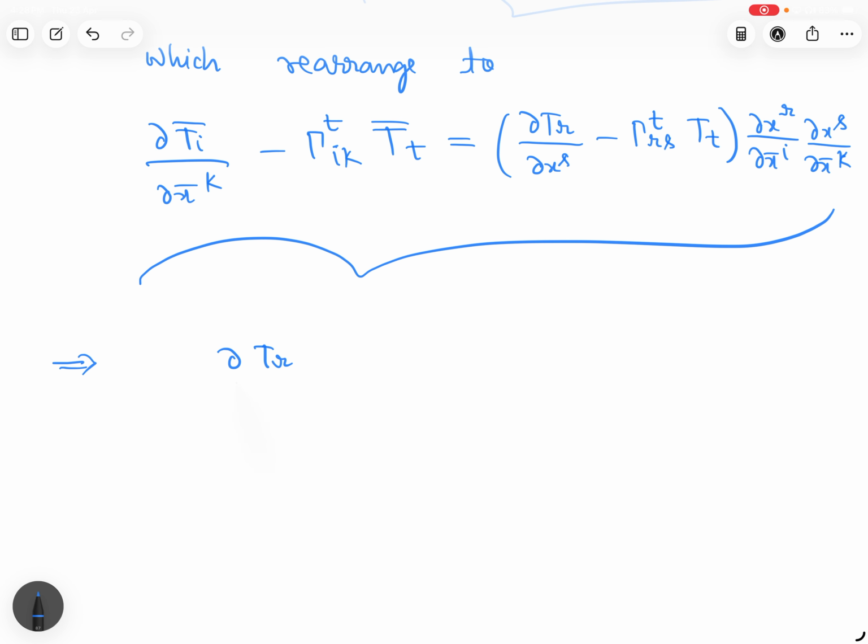After calculating all these things, we know this is a tensor. That is why we are defining this definition: T_i,k equal to this way.